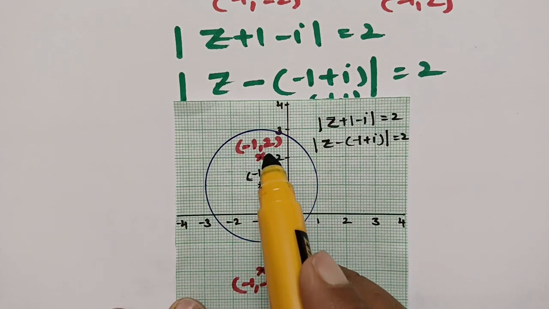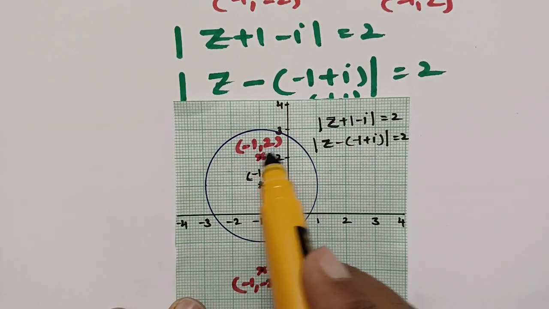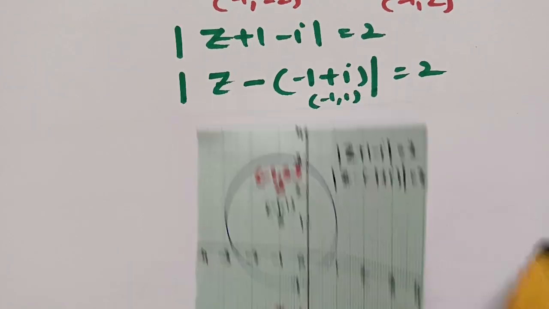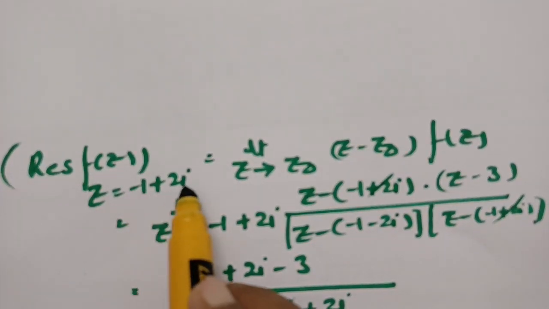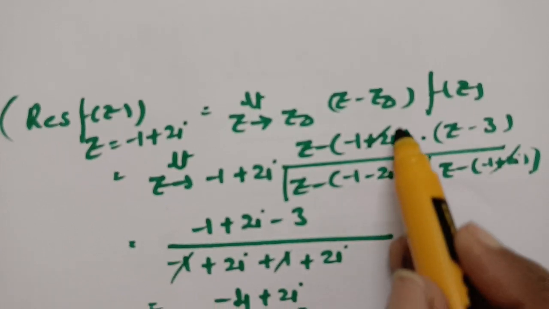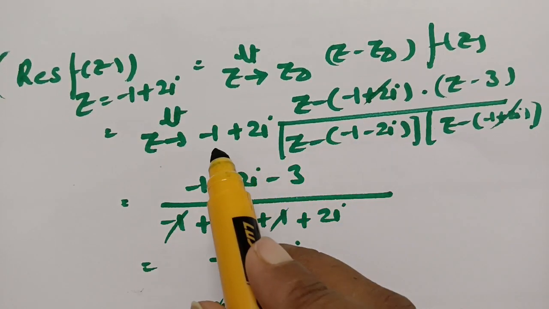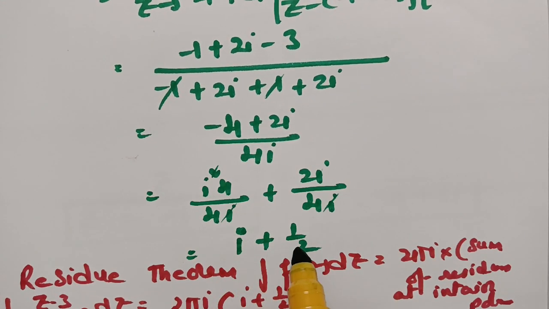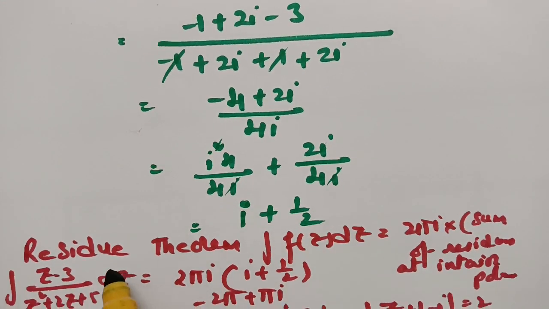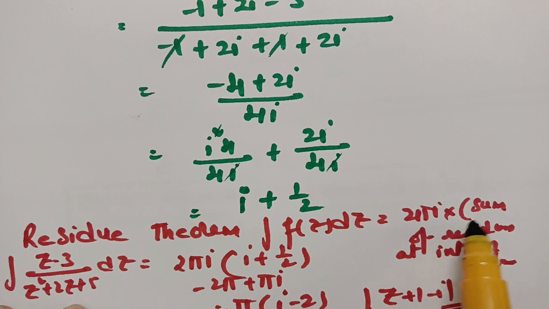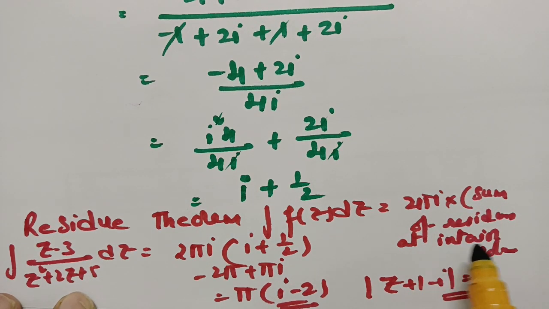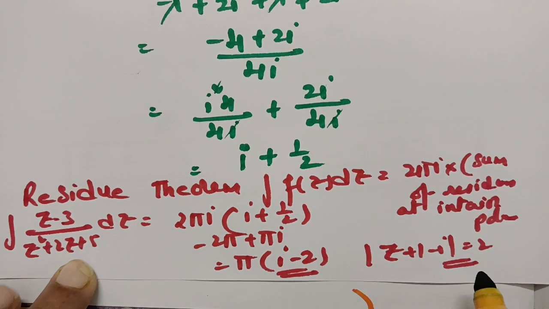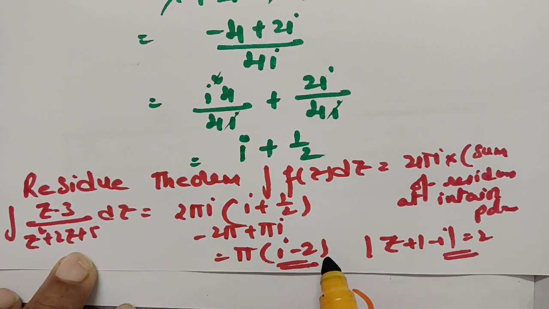Minus 1 plus 2i is inside the circle, so we have to find the residue for this. After cancelling minus 1 plus 2i and substituting it in the rest of the function, we got the pole value as this one. According to the residue theorem, the integral of f of z dz is 2 pi i into the sum of the residues at the interior points, that is 2 pi i into (i plus half), which is nothing but pi times of (i minus 2).